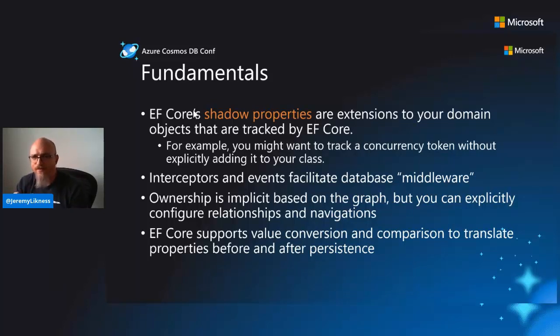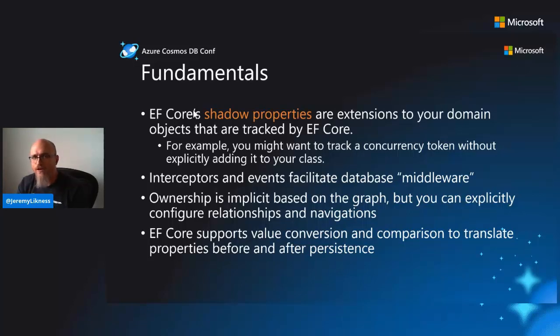What I mean by that is, for example, let's say you have a concurrency tag, which Cosmos DB uses as an ETag. You can tell Entity Framework Core to track that concurrency tag, and even though you don't have it specified on your domain class, it will track it. It'll know that this entity is associated with this concurrency tag, which is a really powerful feature.